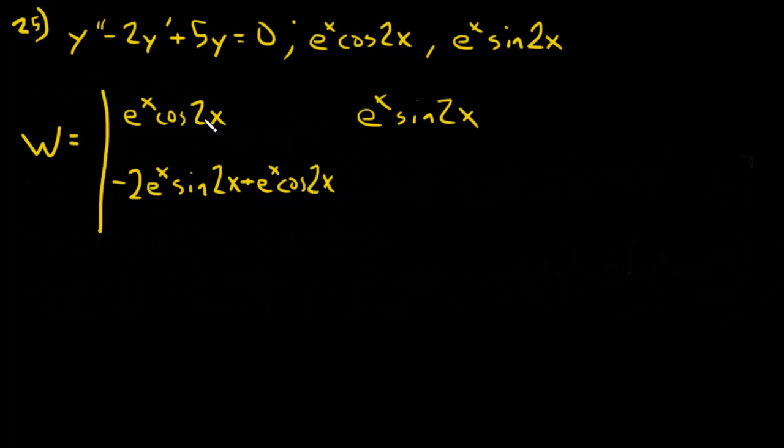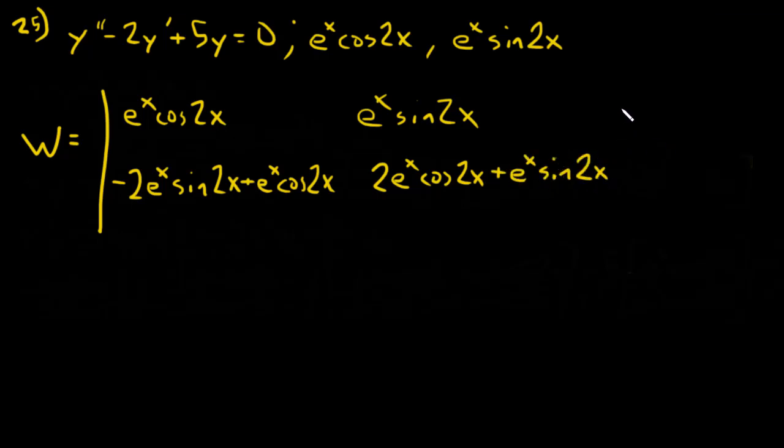Okay, so that's the derivative of that, and then the derivative of this was positive 2 e to the x cosine 2x plus e to the x sine 2x.